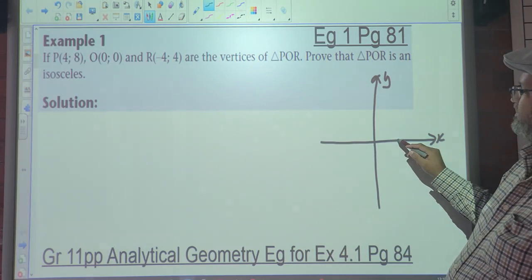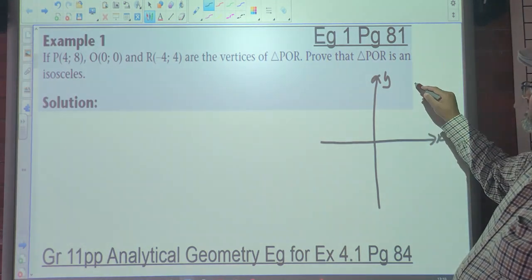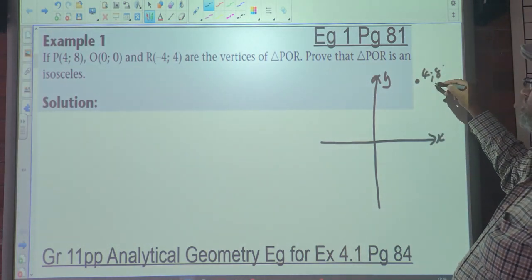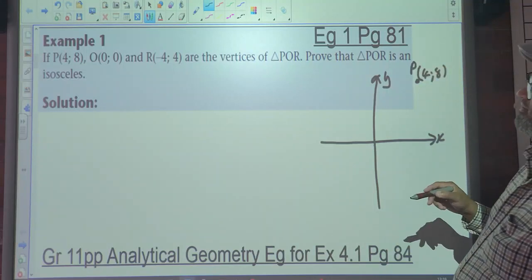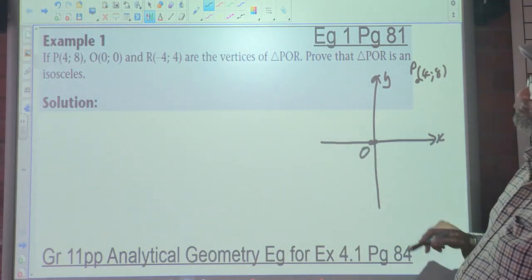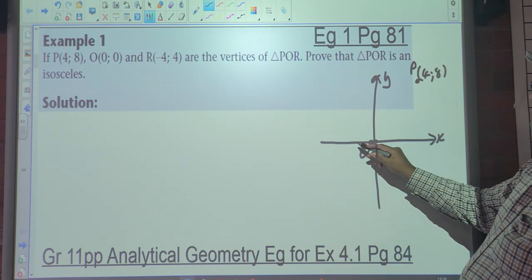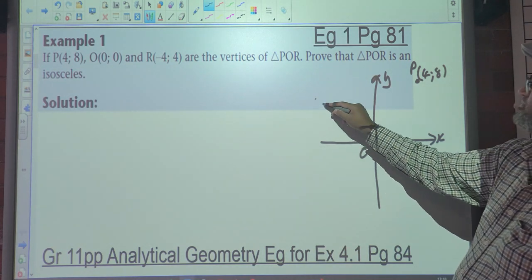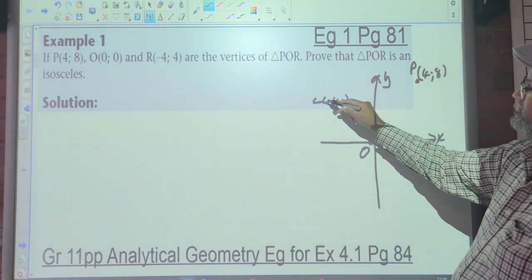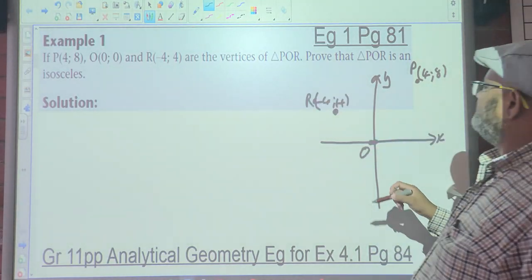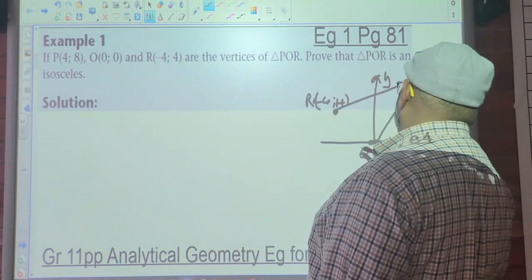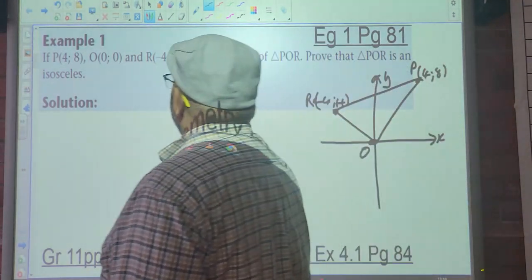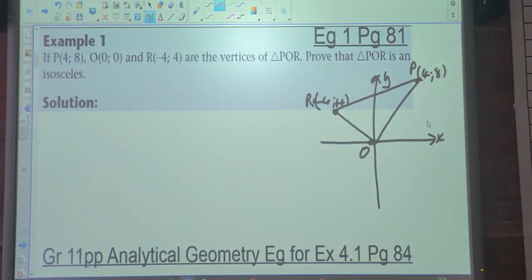So P is (4, 8), O is the origin (0, 0), and R is (-4, 4), approximately there. Of course that's a triangle. Prove that triangle POR is an isosceles triangle.